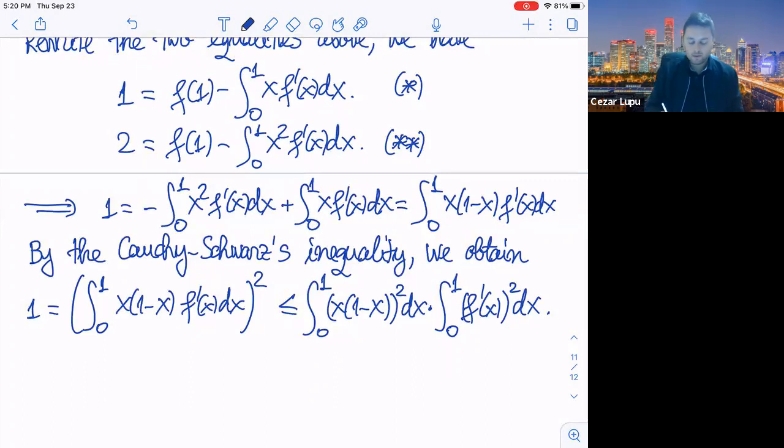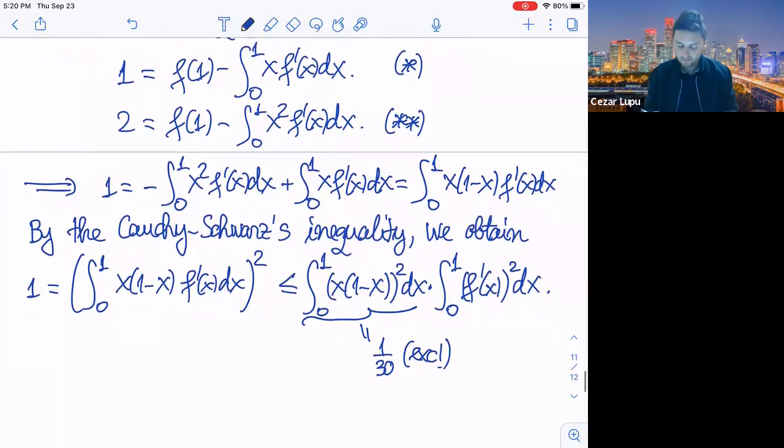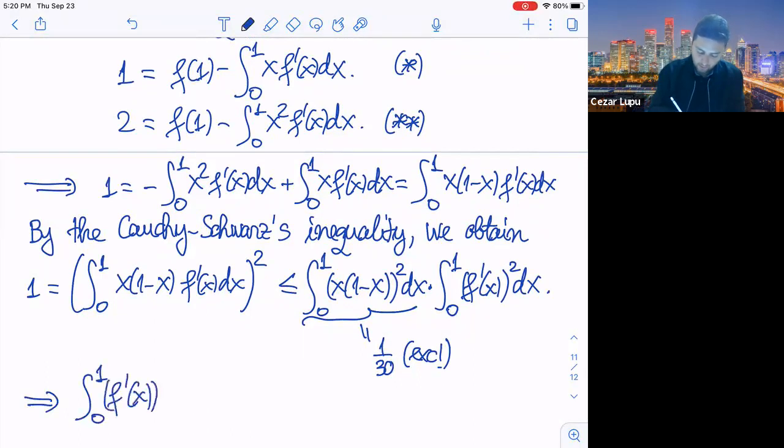Well, I'll leave this to you. This guy as an exercise is just 1/30. I don't want to do this computation, but you can believe me. So once I have this computation, this implies that the integral of f prime of x squared dx is greater or equal than 30, and we're done.